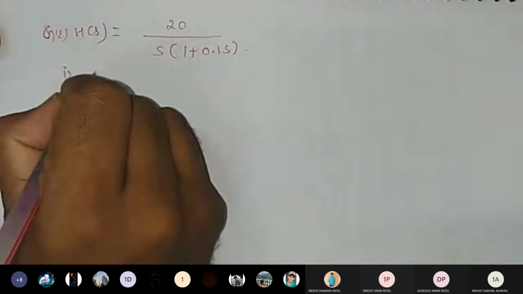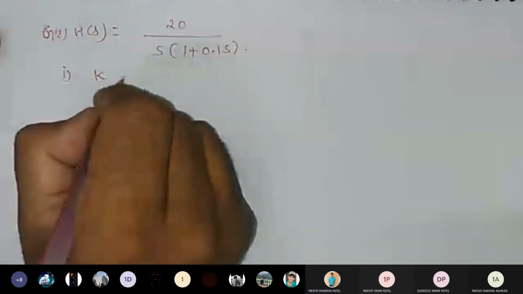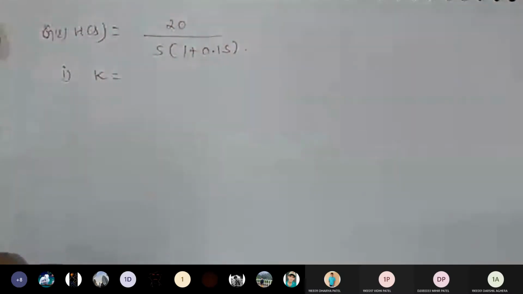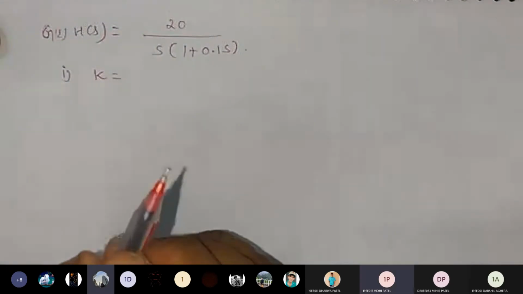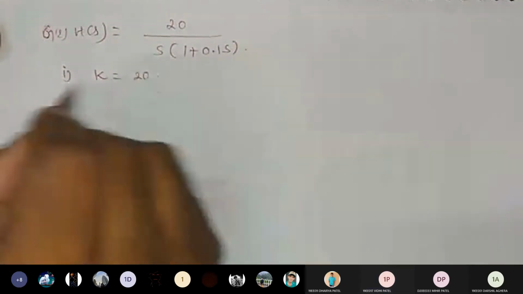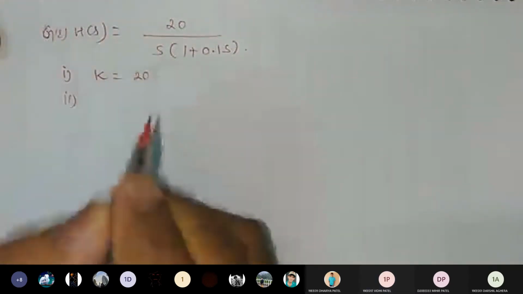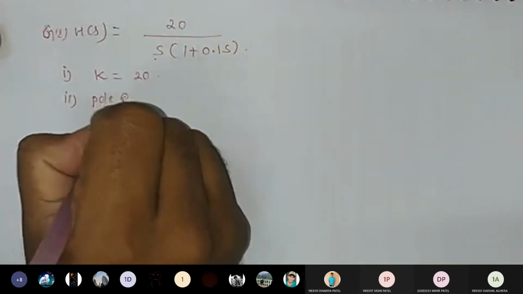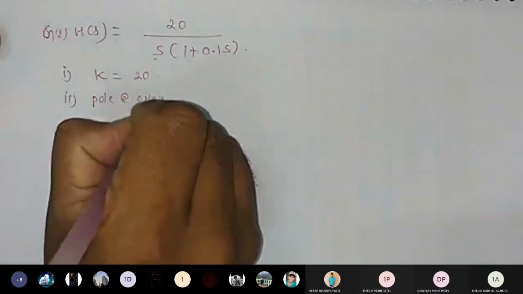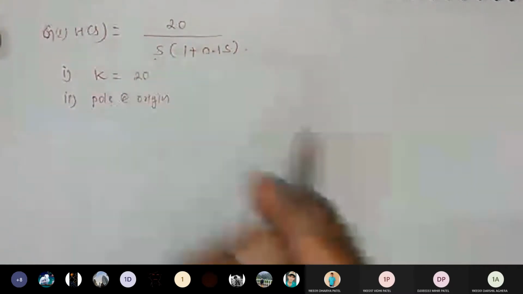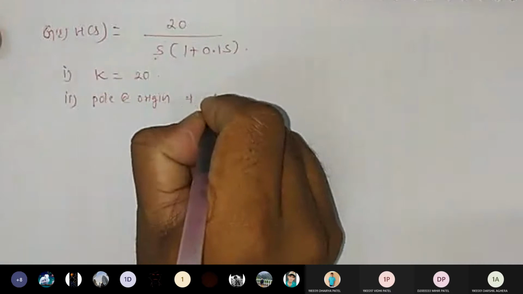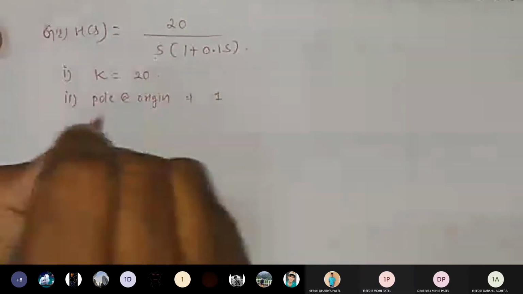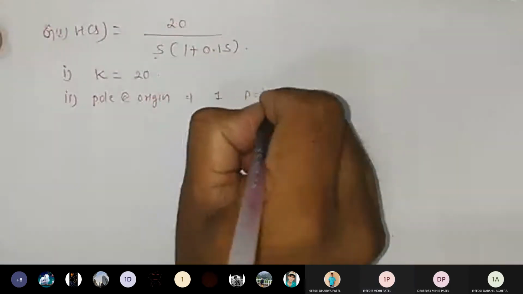First factor is the K factor. What is the value of K? 20. Second factor is pole at origin. There is s raised to P here. How many poles at origin? One pole at origin, P is equal to 1.